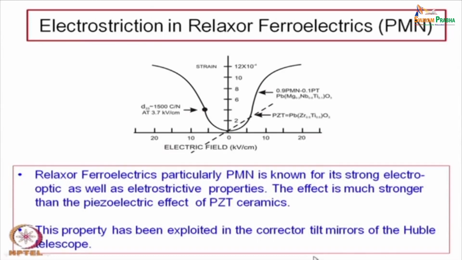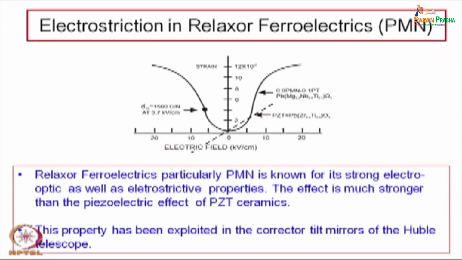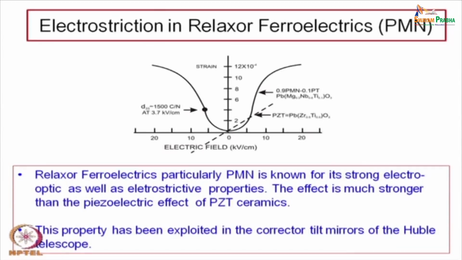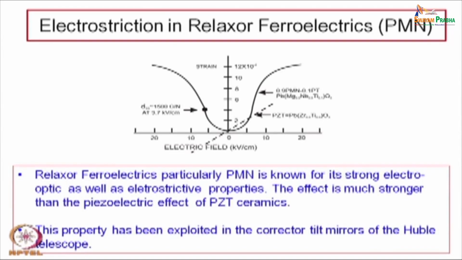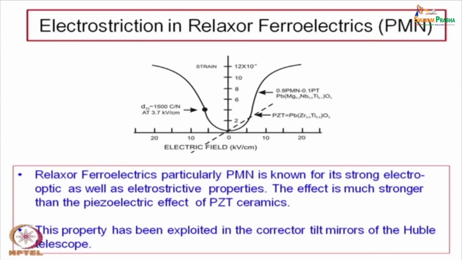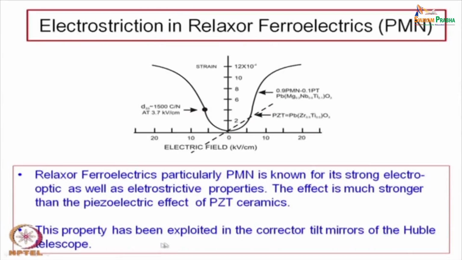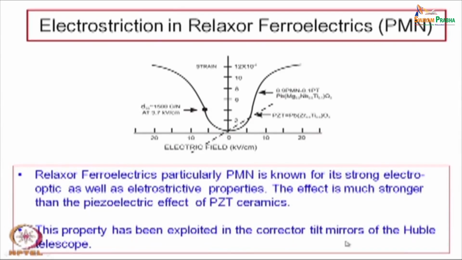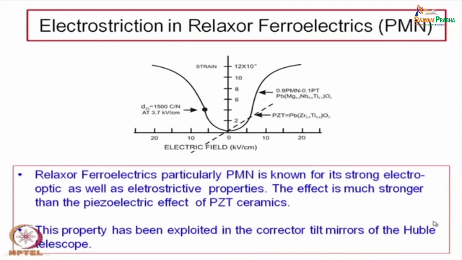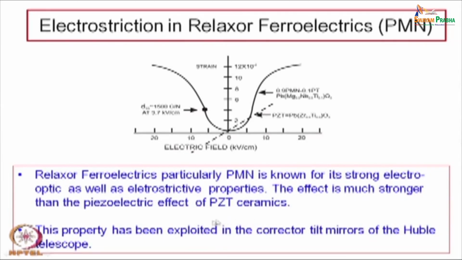In addition to being a good dielectric material, one can use it as a good transducer material and actuator material. So, if you need a very stable actuator, that is really possible with this kind of relaxor ferroelectrics.